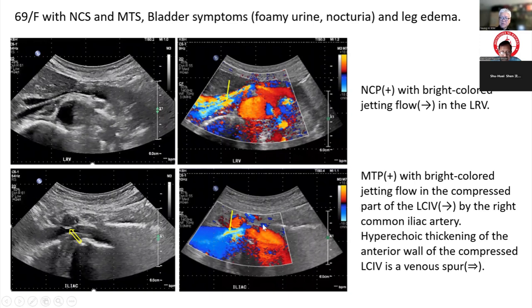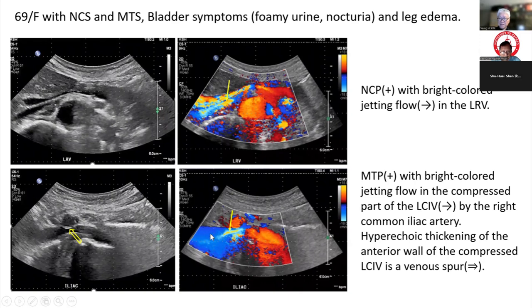A different thing is that when we examine the common iliac vein, it is very hard to measure the flow velocity because of the Doppler angle. As I said, when we examine the left renal vein, we rotate the transducer a little bit counterclockwise and can make the Doppler angle better.